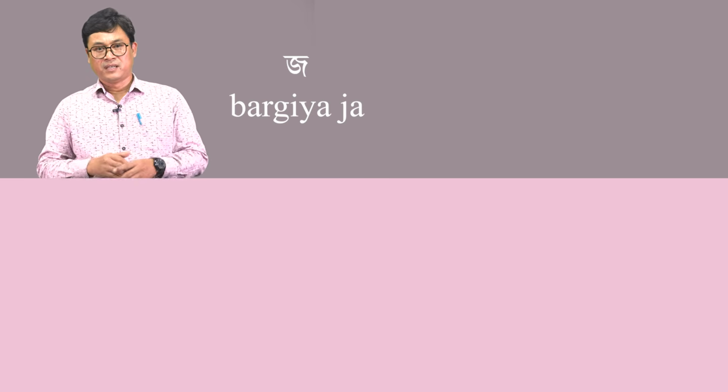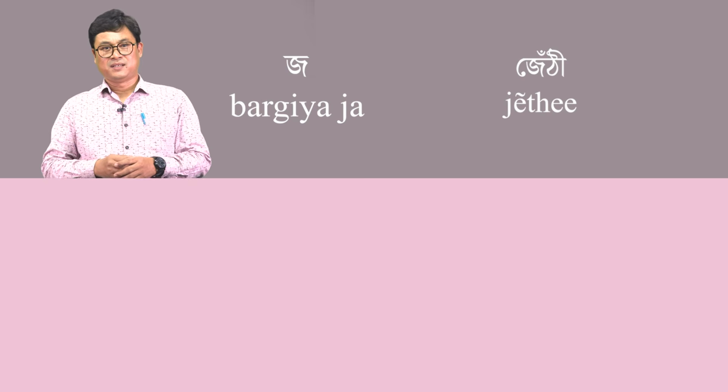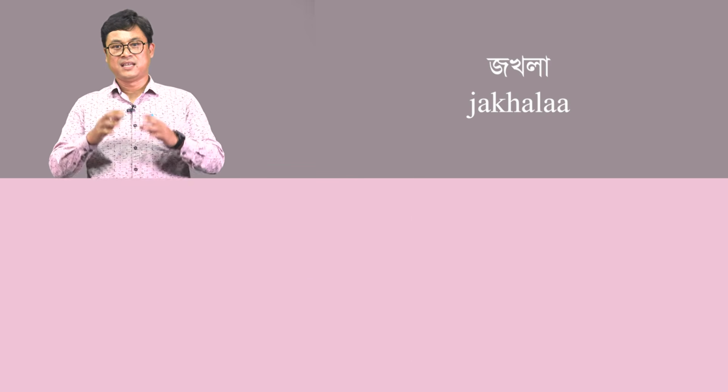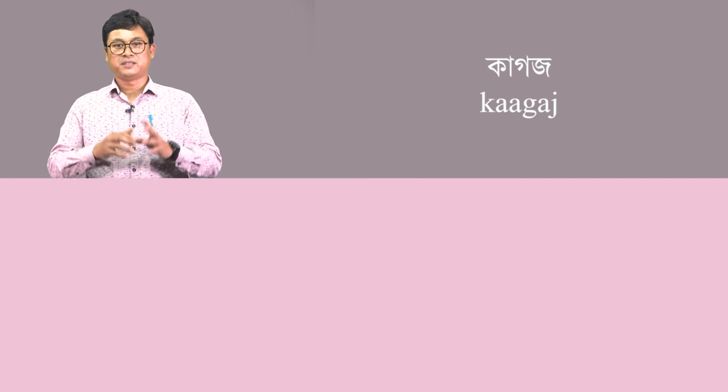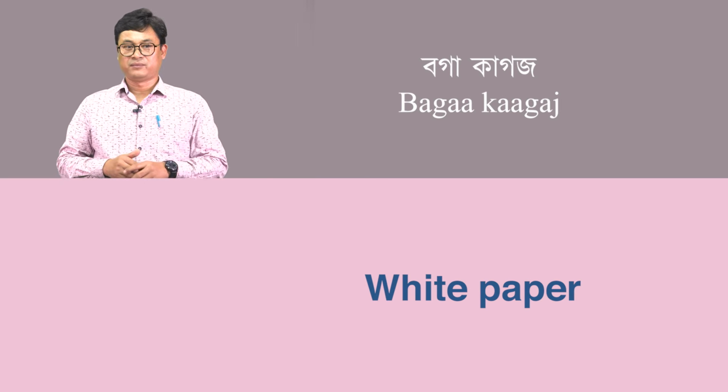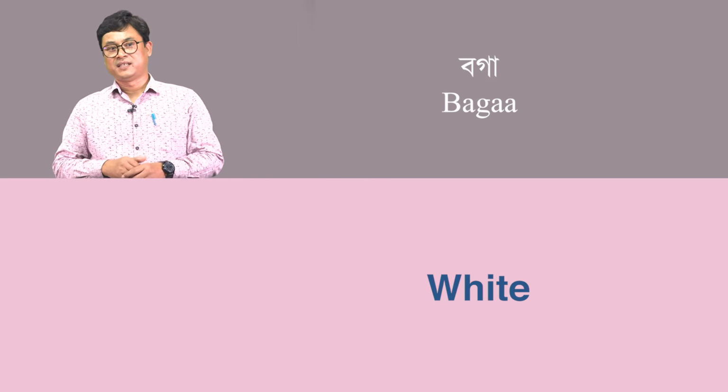Borgia zo for zeti means house lizard. Zokhola means ladder, and kagos means paper. Using the word kagos, we can make the phrase boga kagos, that means white paper, where boga means white.